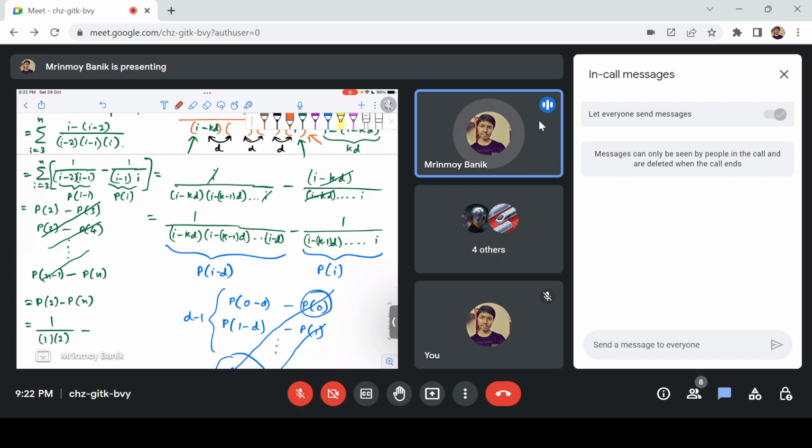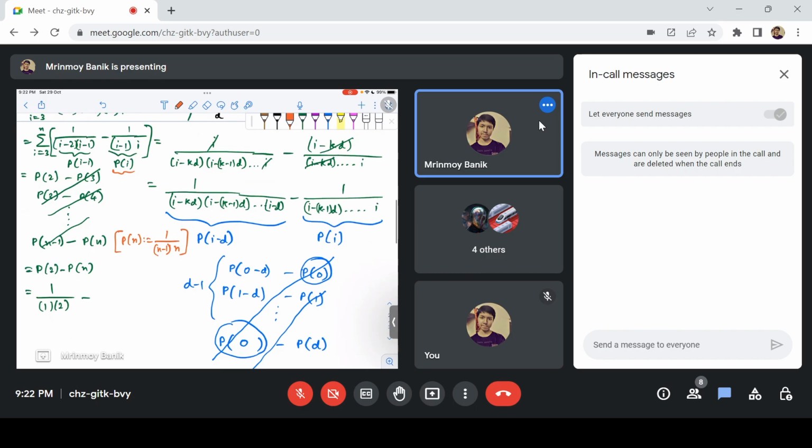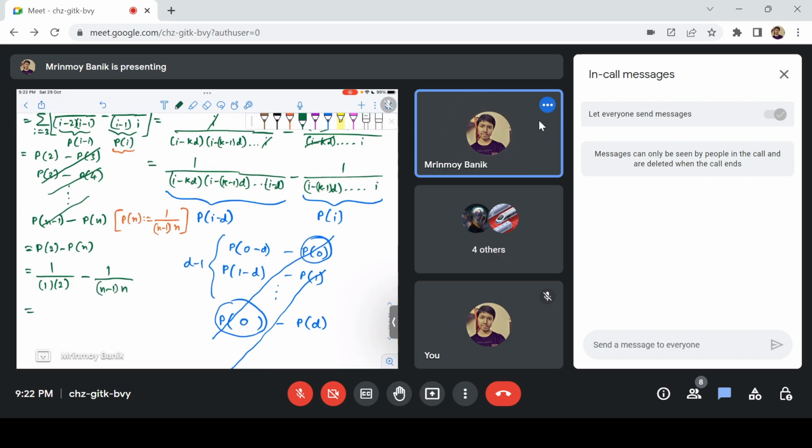Just remember here, pn is defined as n minus 1 times n. So p2 is 1 times 2 and pn is n minus 1 times n. So we got our answer.